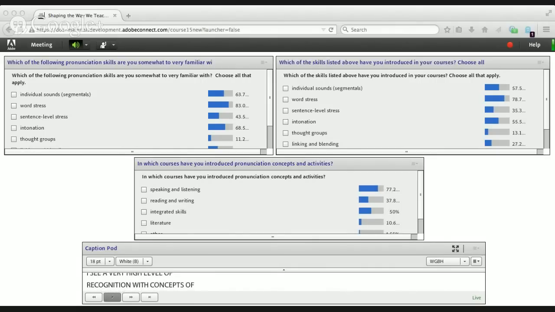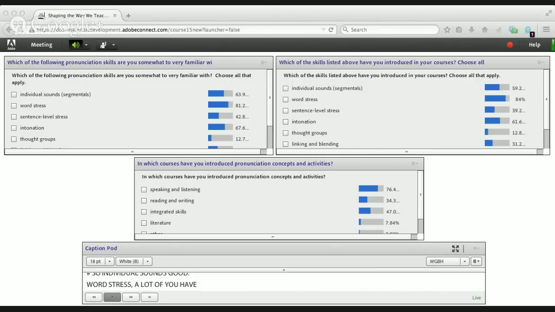Good. And then let's look at the second poll here together, if you wish. Which of the skills listed below have you introduced in your courses? Choose all that apply. So individual sounds, good. Word stress, a lot of you have already worked with that. Sentence level stress, intonation, excellent.